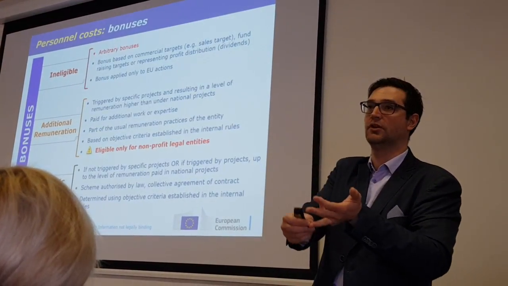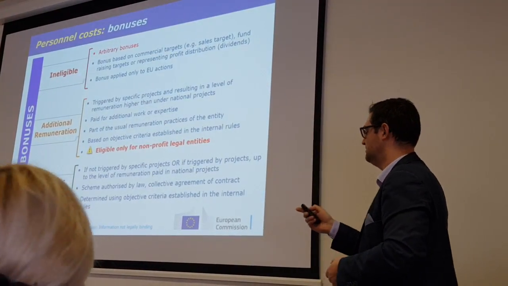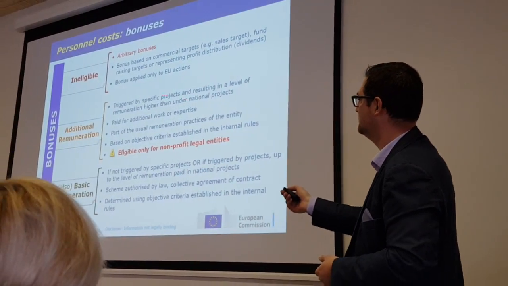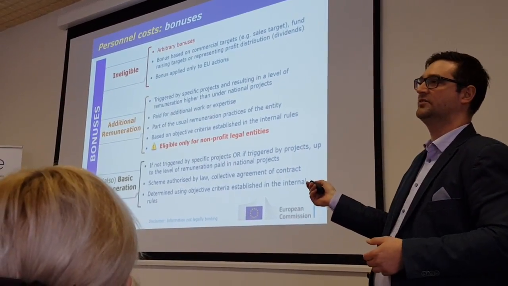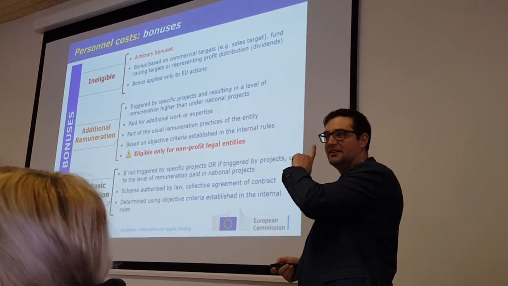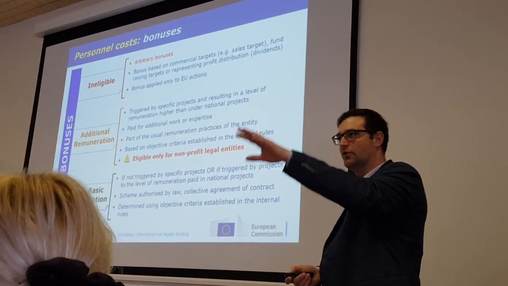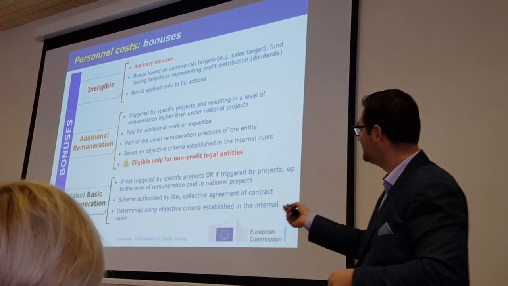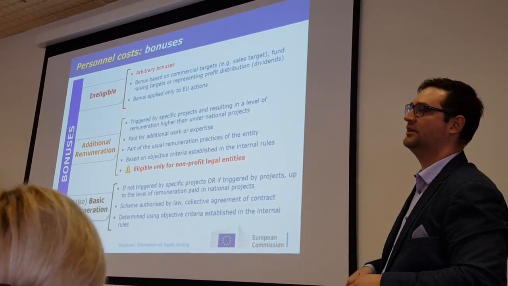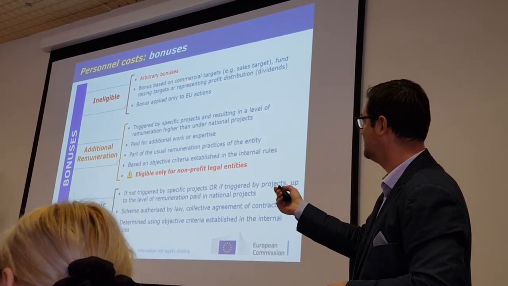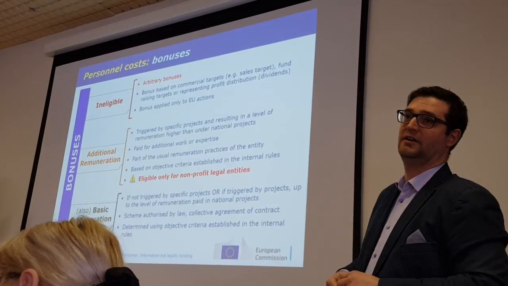If it's coming from the collective agreement, it's perfectly fine for the basic remuneration. If it's specific for the participation in Horizon 2020, you still have to have in mind that you have to have the directive for all the international projects. But if it is, then it can be under additional remuneration, this type of bonus. But if it's an arbitrary bonus, it's an ineligible cost.